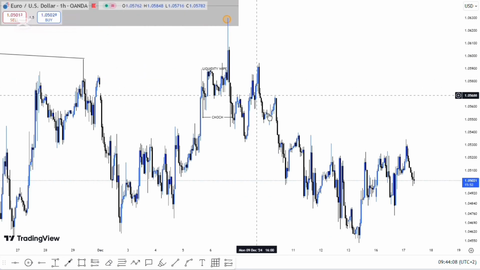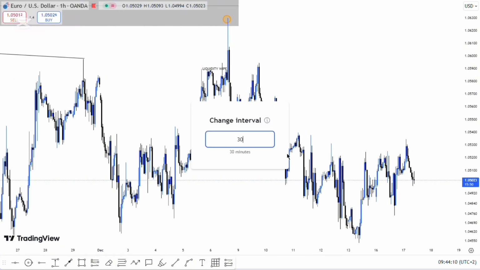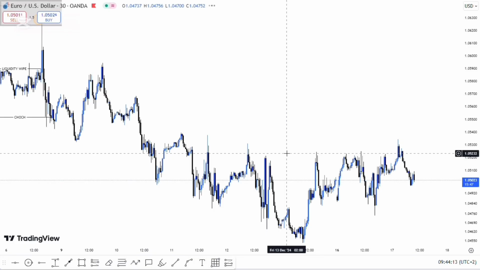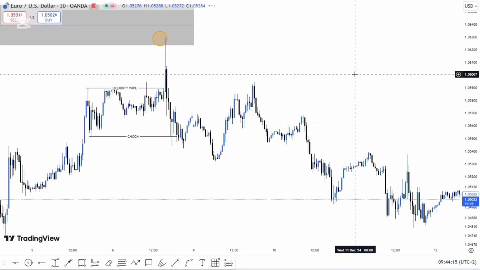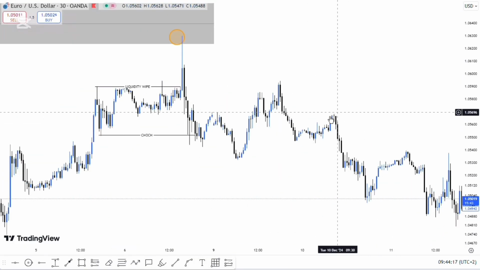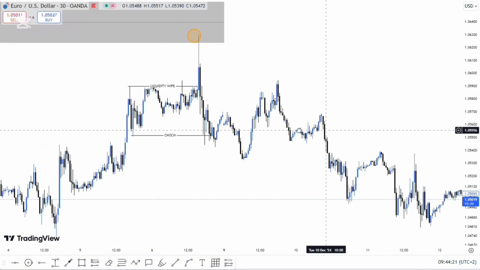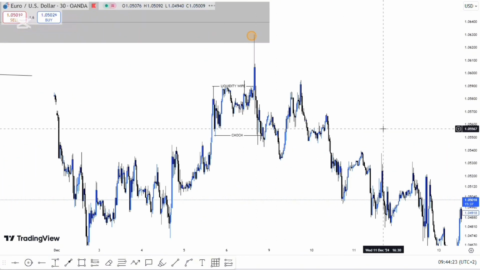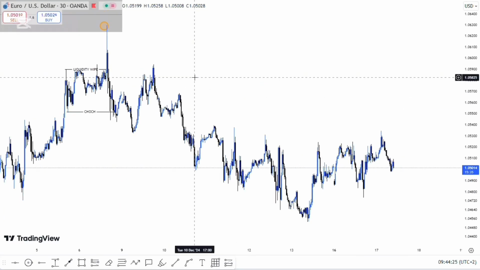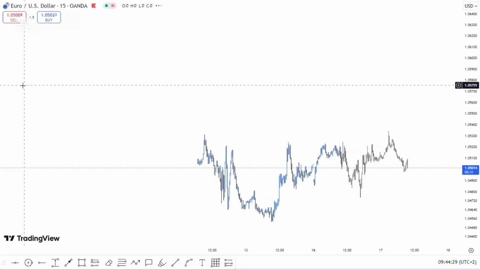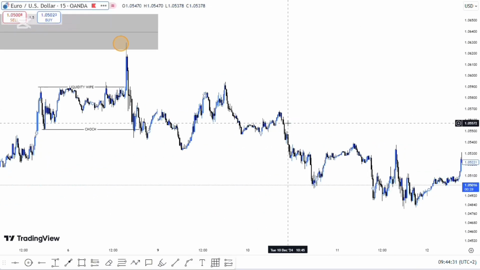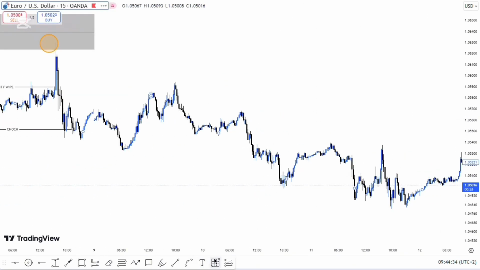So let's move down to the 30 minutes time frame to locate our origin. And see, on the 30 minutes the origin is unclear. So let's go down to the 15-minute time frame to get a clearer chart.